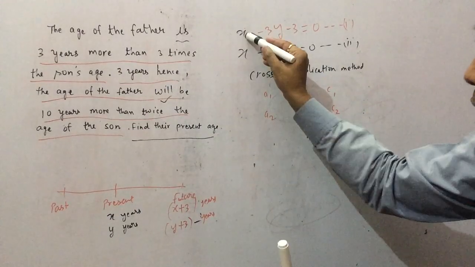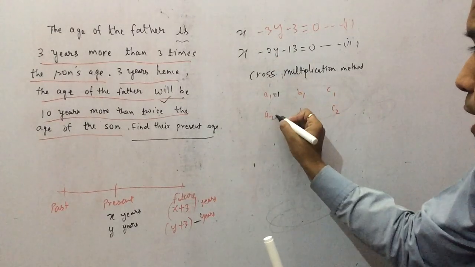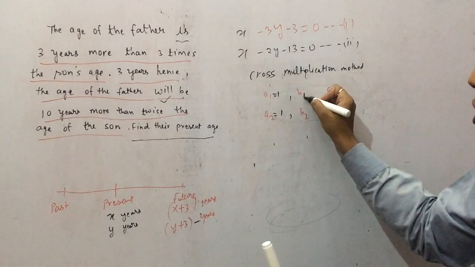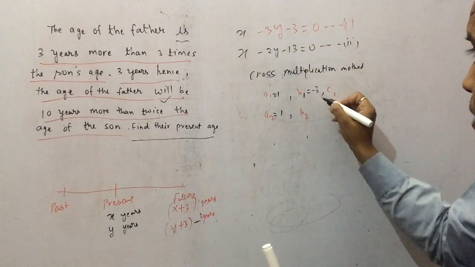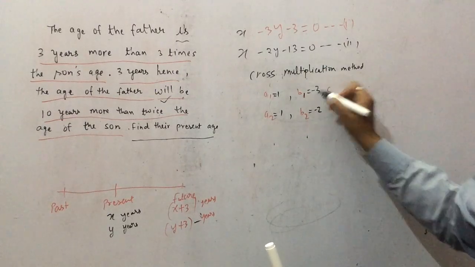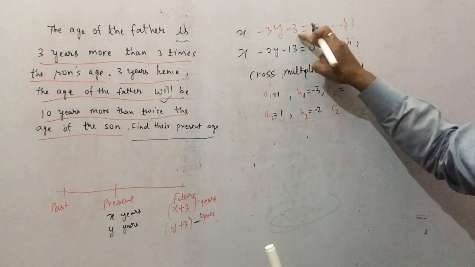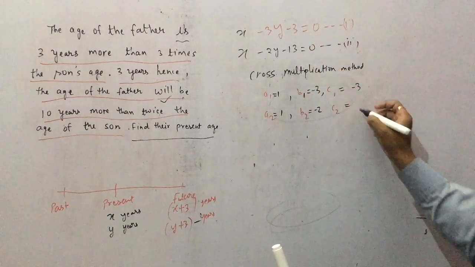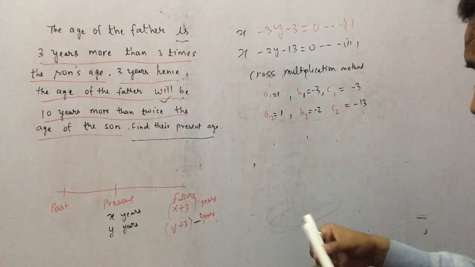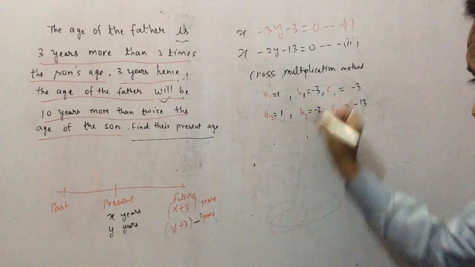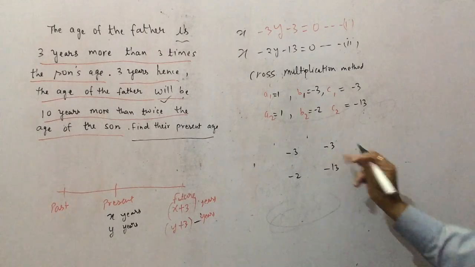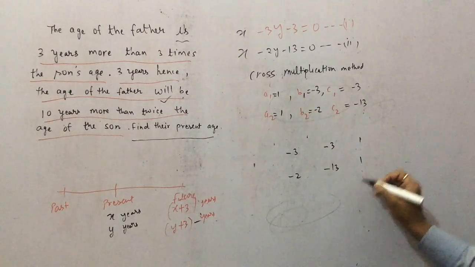Here a1 is the coefficient of x, 1, and a2 is the coefficient of x in the second equation, 1. b1 is the coefficient of y, minus 3, b2 is the coefficient of y in the second equation, minus 2. c1 is the constant of the first equation, minus 3, and c2 is the constant of the second equation, minus 13.